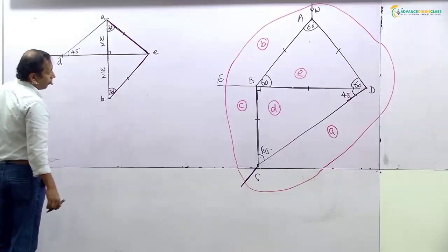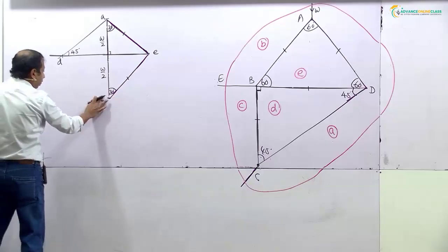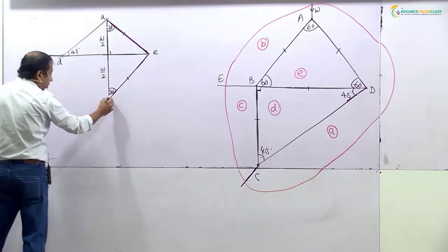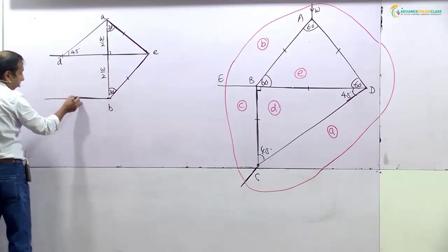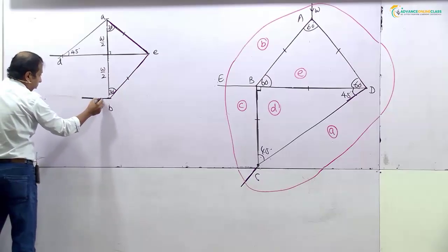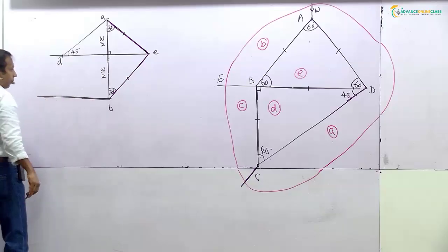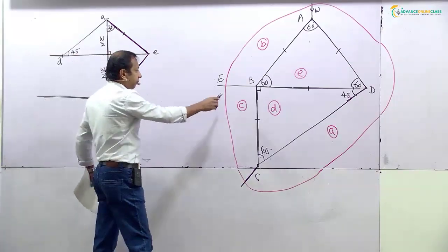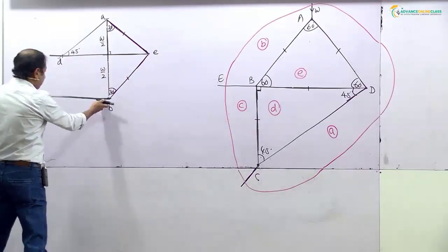Now come to joint B. BC is horizontal, so C should be somewhere on this line. CD is vertical, so C should be somewhere on this line.